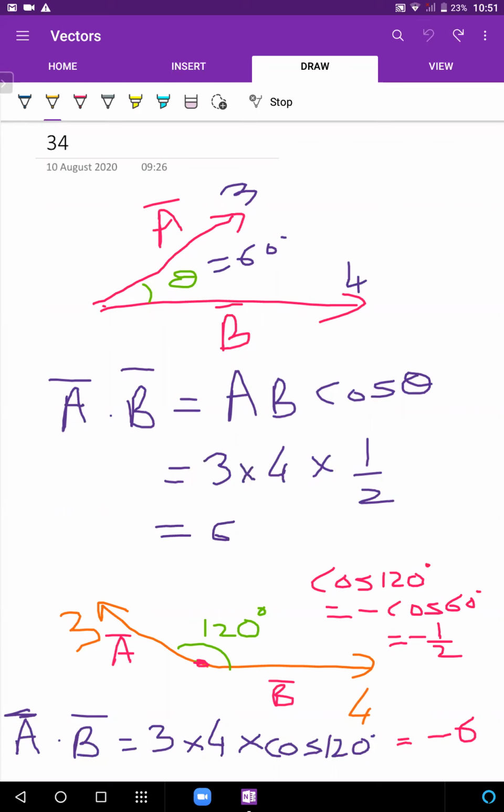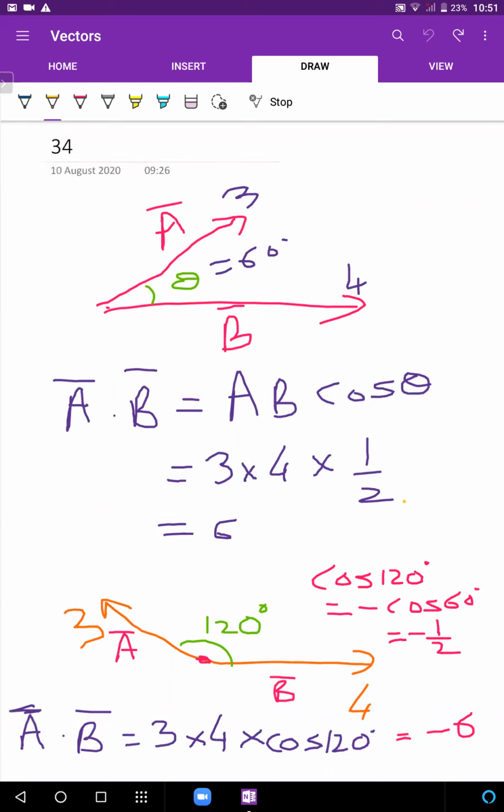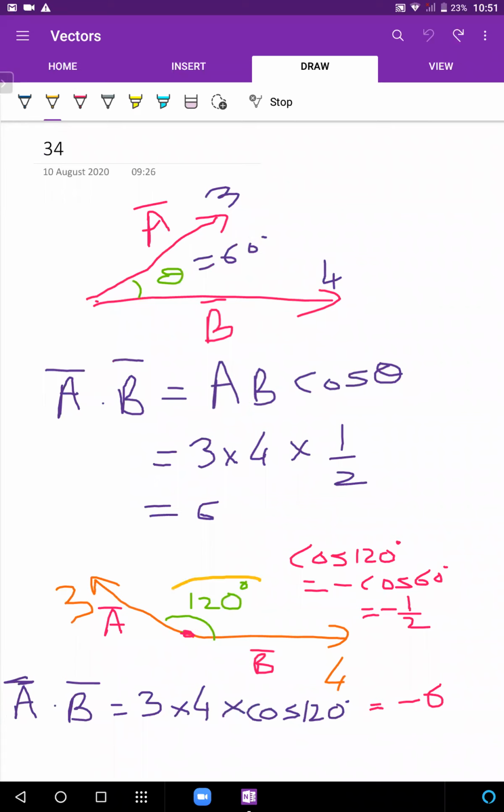Vectors ko agar maine aisa rakha, I keep the angle between them as 120. Same magnitude for A bar, same magnitude for B bar. Toh isme agar tum cos 120 nikaalne jaoge toh you know this, right? Cos of an obtuse angle is negative.